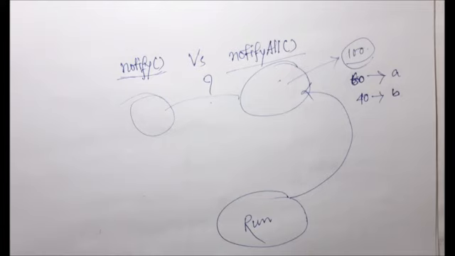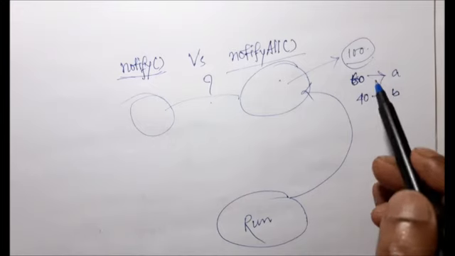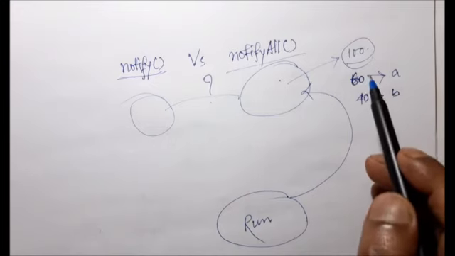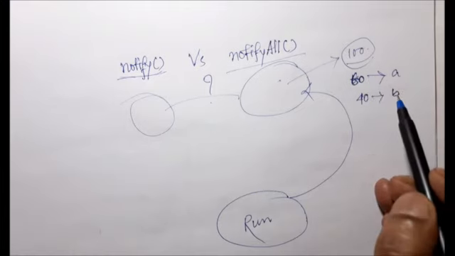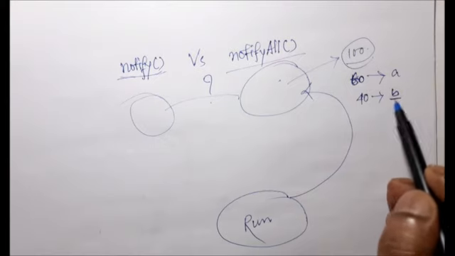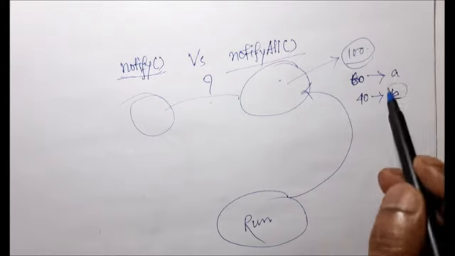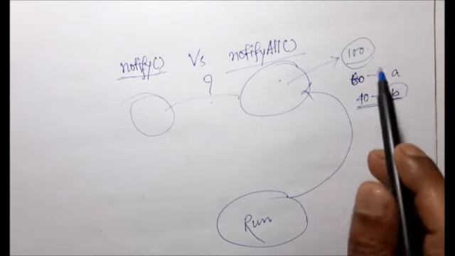It will notify only the threads waiting on this object. So if threads are waiting for the lock of B, then only those 40 threads will be notified, not all the threads.